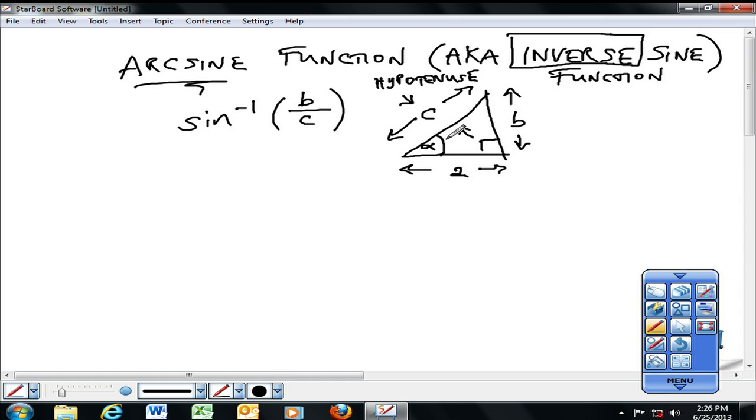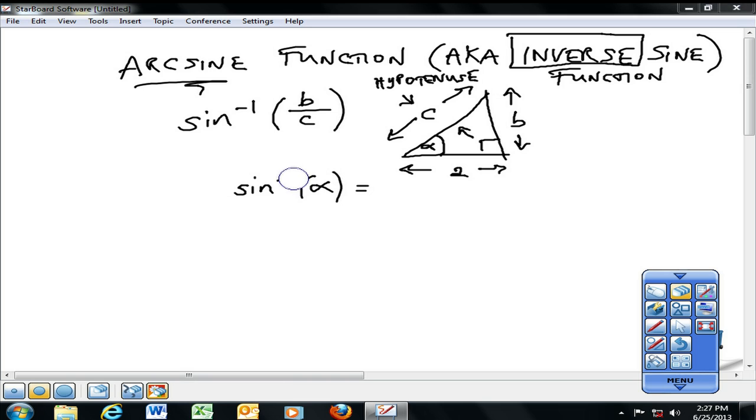So we can actually write a function here. In other words, the arc sine or inverse sine of alpha.